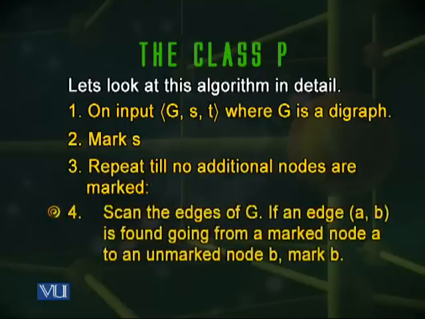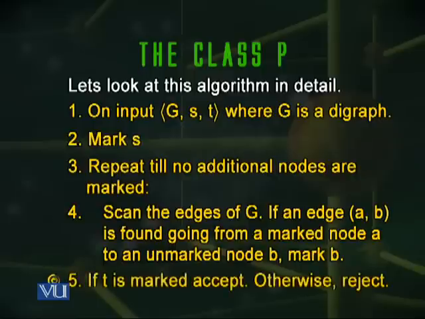We'll scan the edges of G, and if we find an edge (A, B), going from a node A to B, and A is marked and B is unmarked, then we'll mark B. Once this loop is repeated several times, no additional vertices will be marked. In the end, we'll check to see if T is marked, and if it is, we'll accept, otherwise we'll reject.